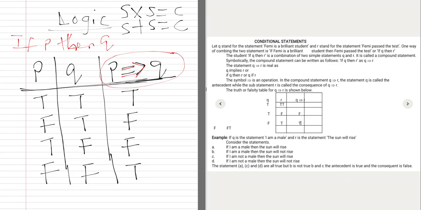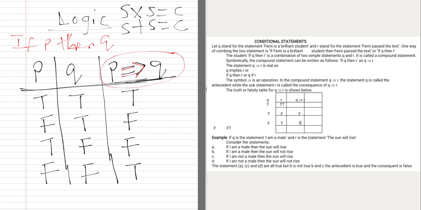Alright. So then they say this implies this. I'm in that side. So it says that Q implies R, or if Q, then R. So the symbol is an operation.